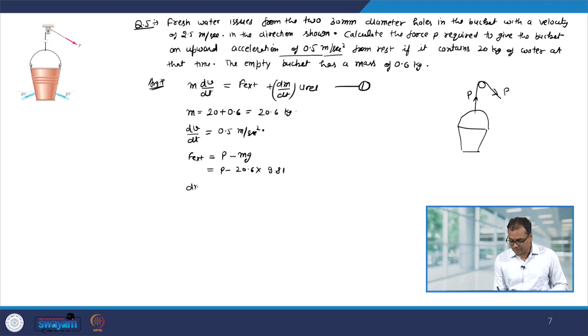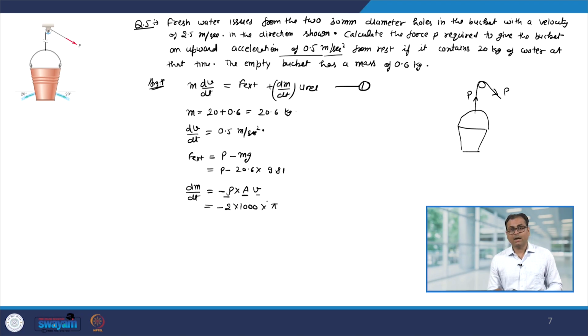Now, let us look at dm by dt, the rate at which the mass is changing. It will be minus, because the water is coming out, density times the volume, and the volume is A into V, where A is the area, V is the velocity and rho is the density. Since there are two holes, it will be minus 2 times the density, 1000 kg per meter cube, multiplied by the area.